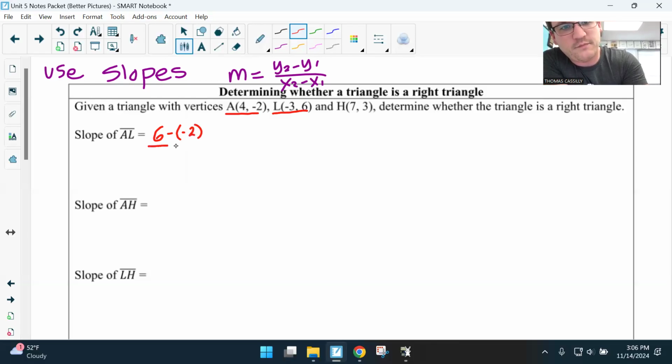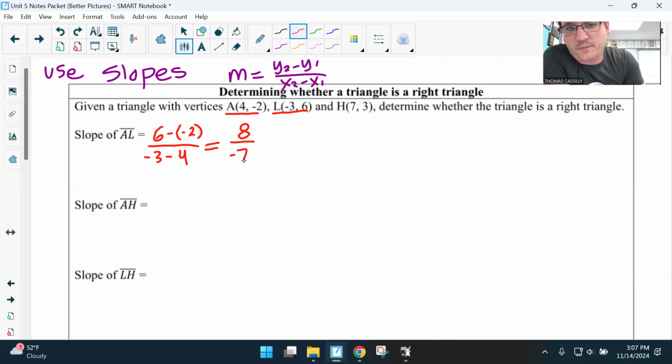That's my top, my rise, I guess. And then -3 minus 4. So we got everything plugged in correctly. Let's evaluate it here. Minus a negative is a plus, so we have an 8 on top, and we have a -7 in the denominator. So the slope of AL is just 8 over -7.